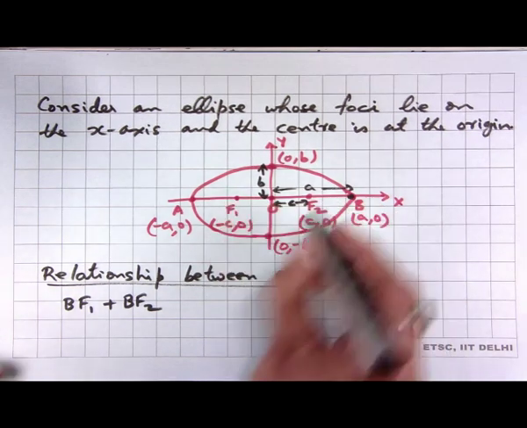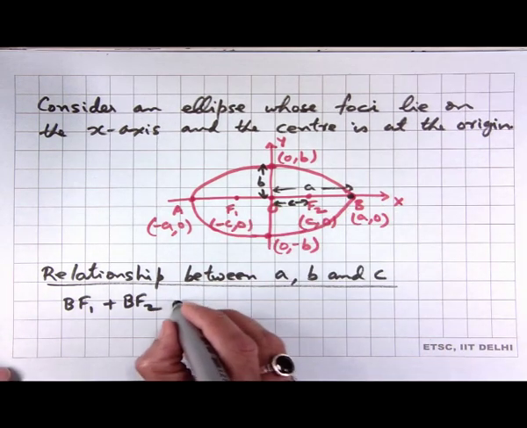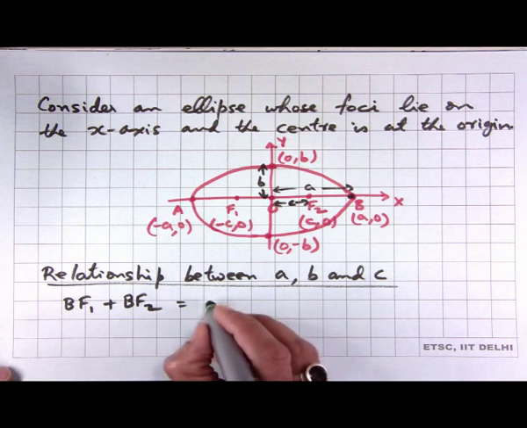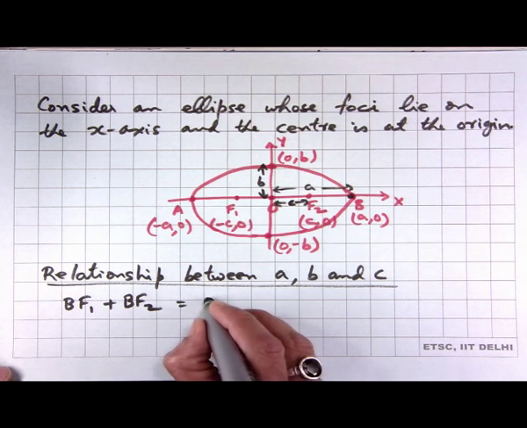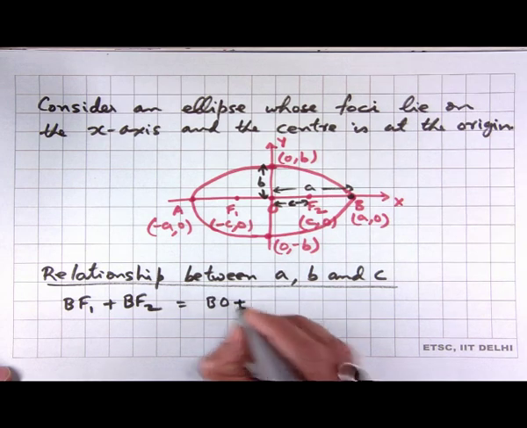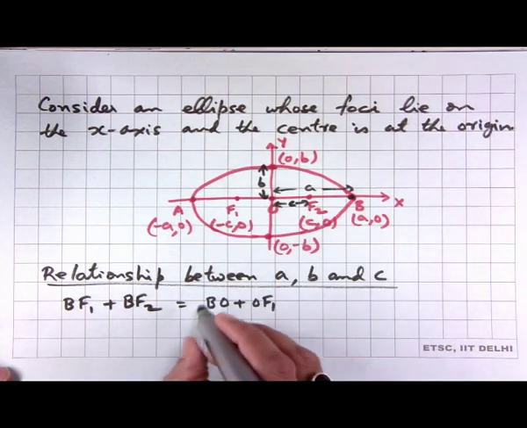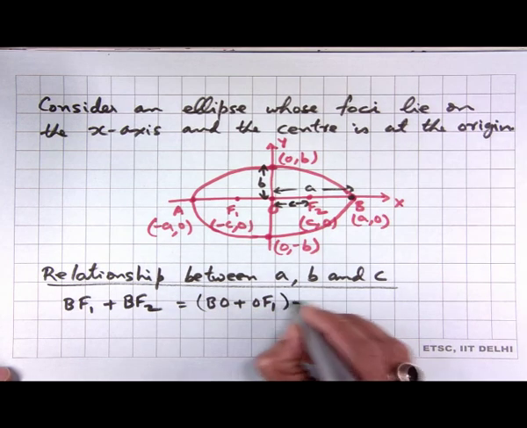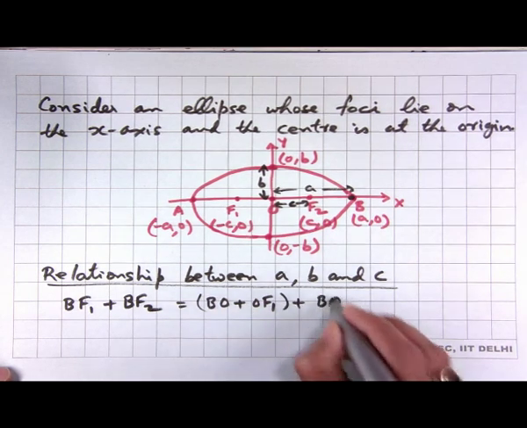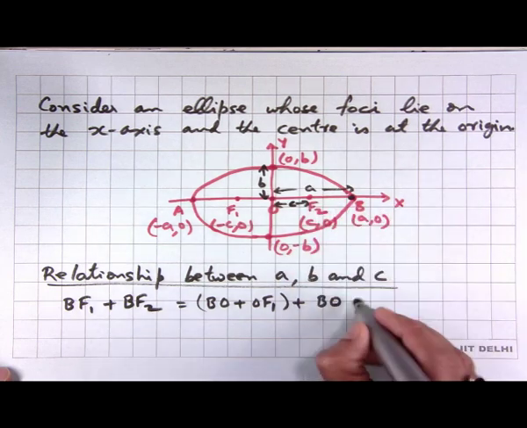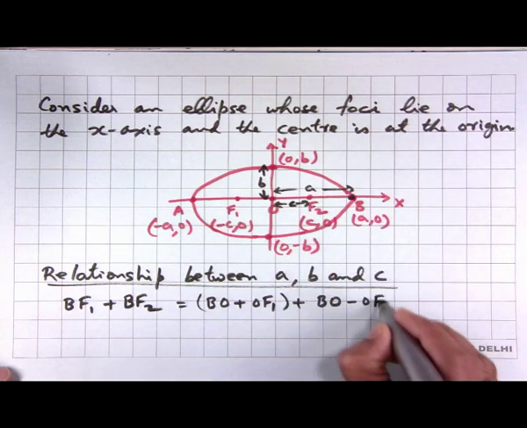BF1 is BO plus OF1, plus BF2, which is BO minus OF2.